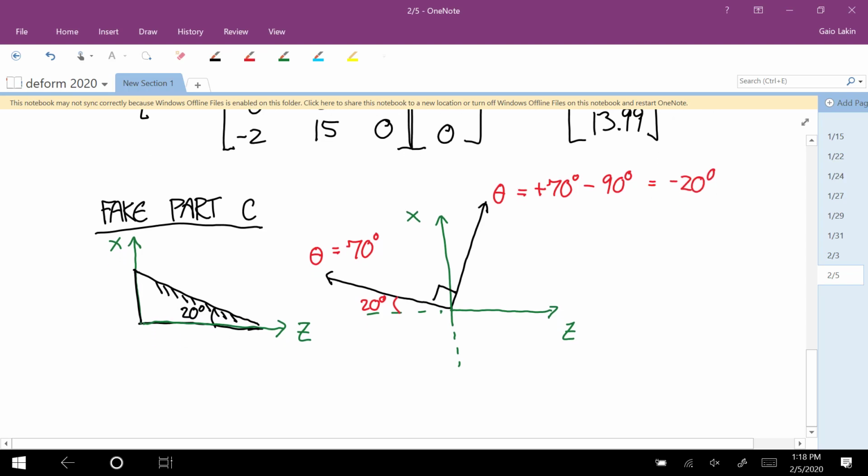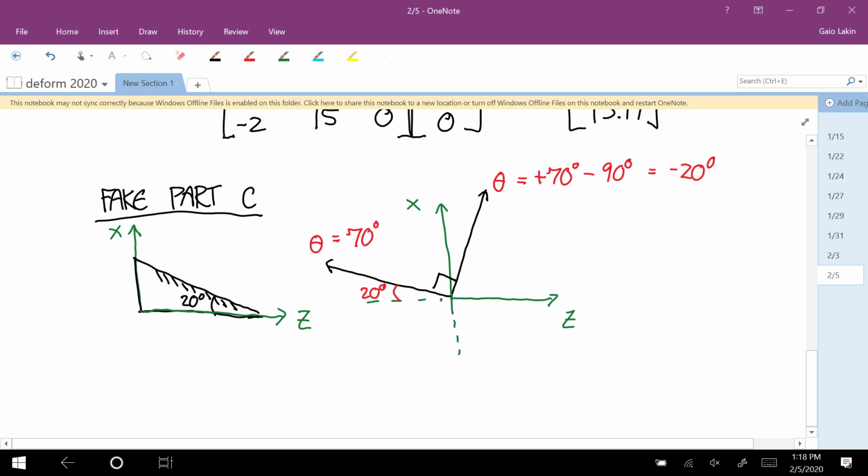And then that unit vector, well, we just have to come up with its components. It's a little different in this case, because you can't just think of this as cosine and sine. That only works for the x and y axes. But if you think of this as a right triangle, that angle is 20.